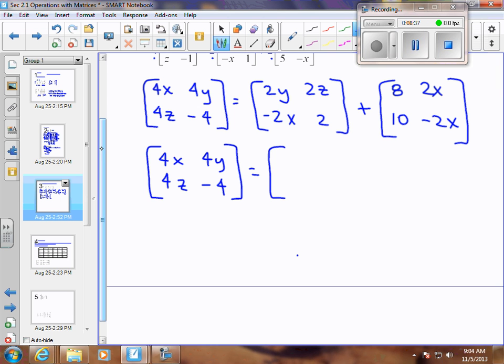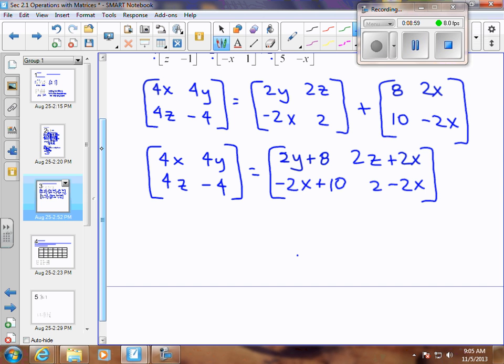Adding corresponding elements, I have 2y plus 8 for the first element in the first row, 2z plus 2x completes the first row, negative 2x plus 10, and 2 minus 2x.